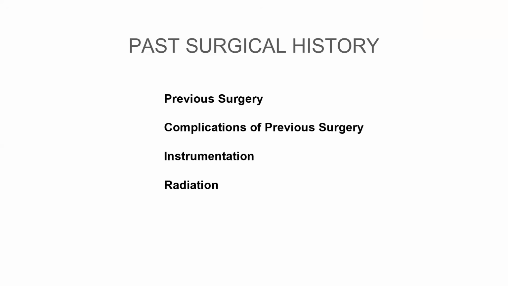In past surgical history, we have broadly divided into the history related to previous surgery, the complications of any previous surgery, any history of instrumentation, or whether the patient has taken any radiation therapy.